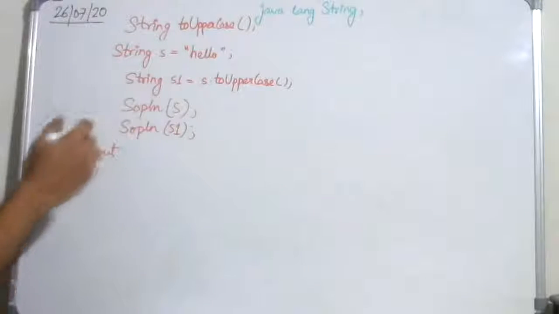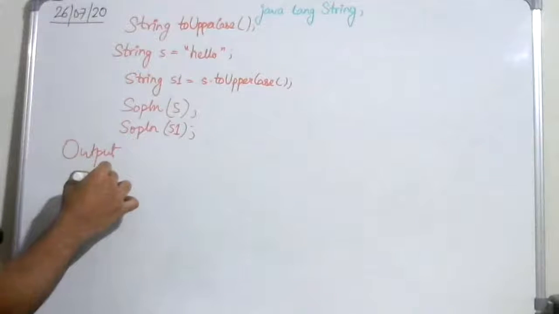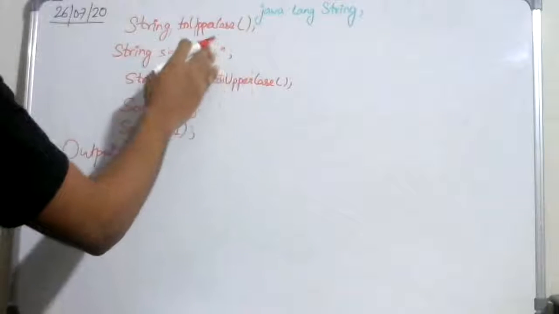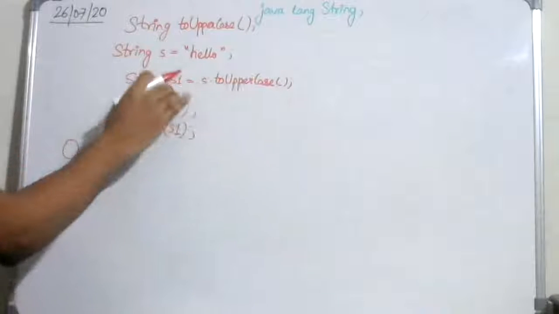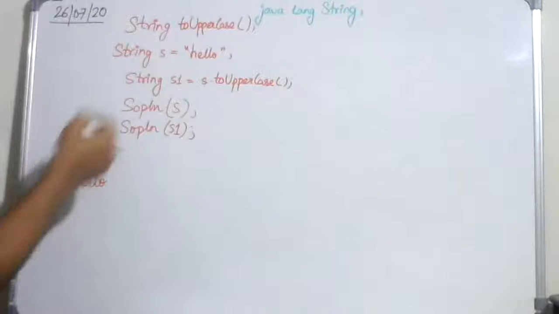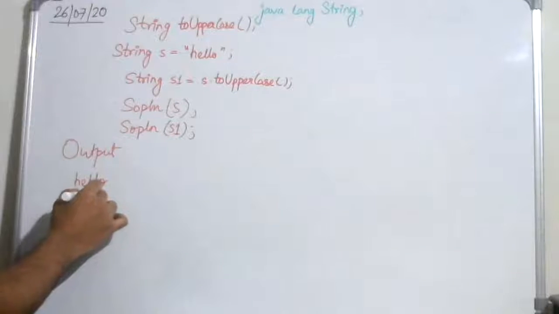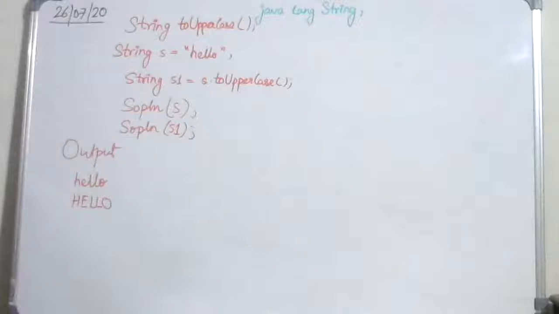For the first SOPLN, I'll get the value stored in the variable s. For the second SOPLN statement, I have converted the lowercase to uppercase letters by calling the to uppercase function and stored the result in s1. So the value of s1 will be all uppercase letters of the same string value.